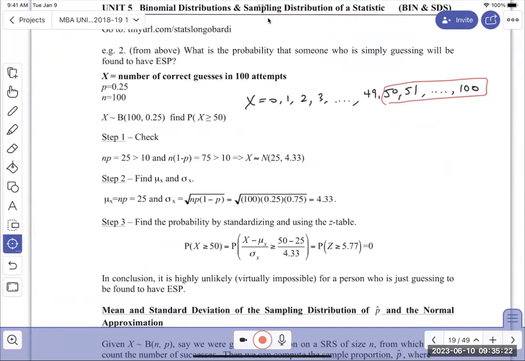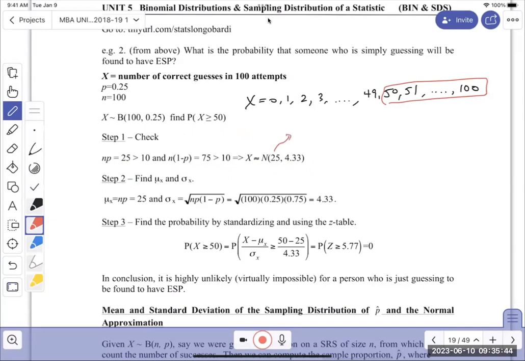we're going to use the normal distribution, because it's true that n times p is greater than 10 and n times 1 minus p is greater than 10. And so then I say that x converts in approximation, I use the symbol for approximation, into a normal where the mean is n times p.